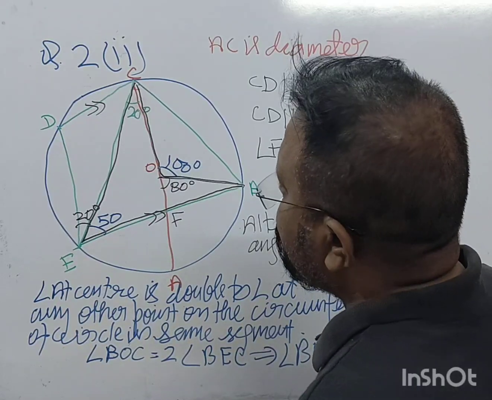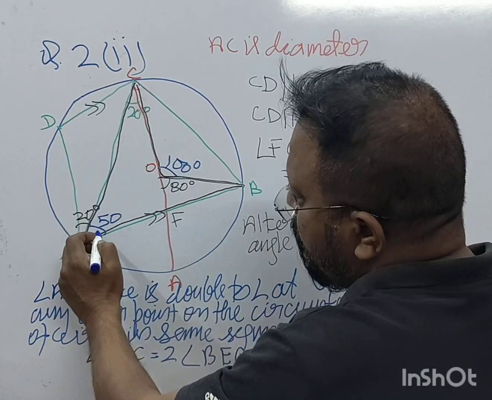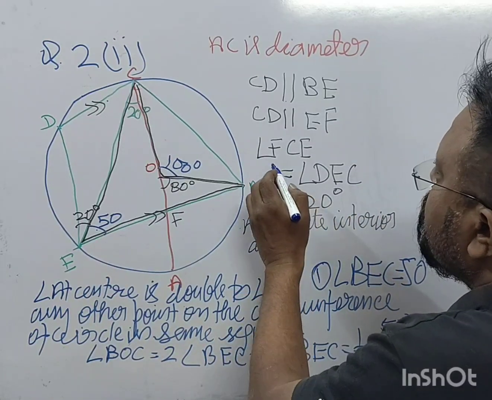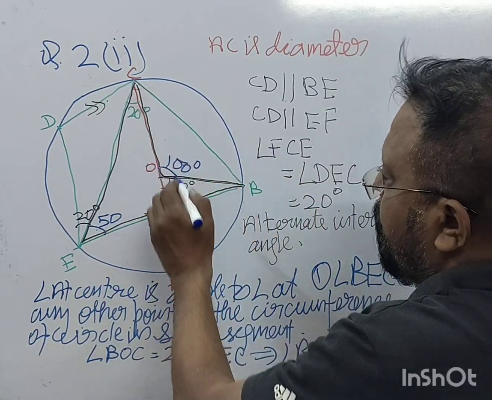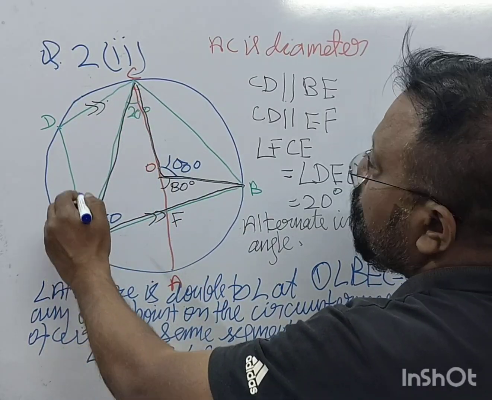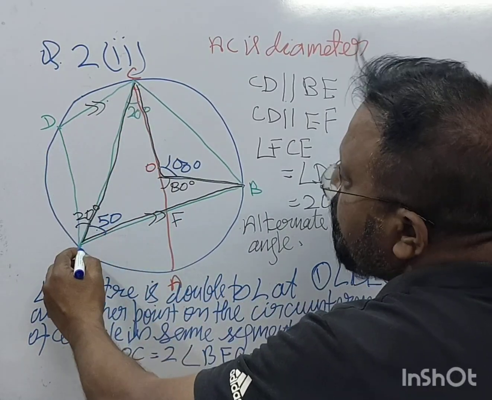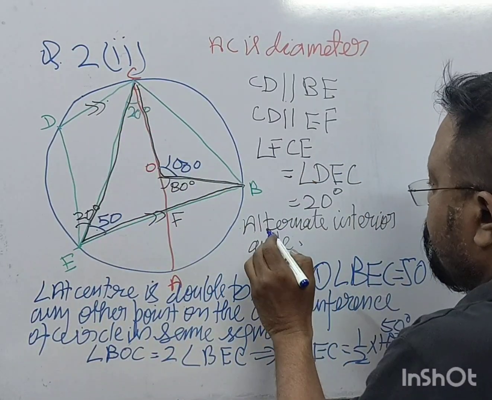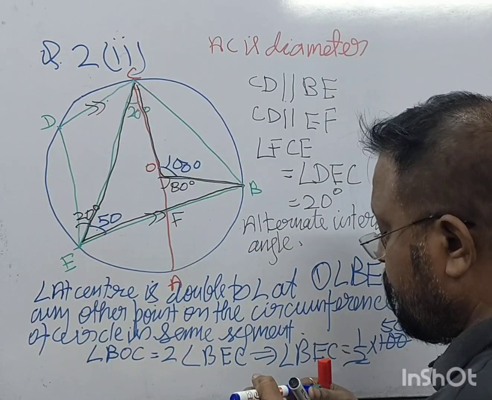Okay, fine. Again, this is alternate interior angles, मतलब they are alternate ना. Angle FCE is equal to angle DEC, right? Similarly, alternate interior angles.